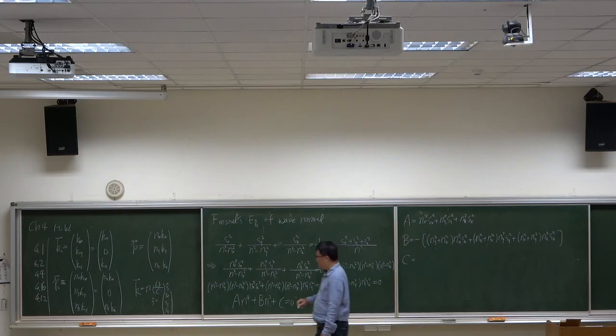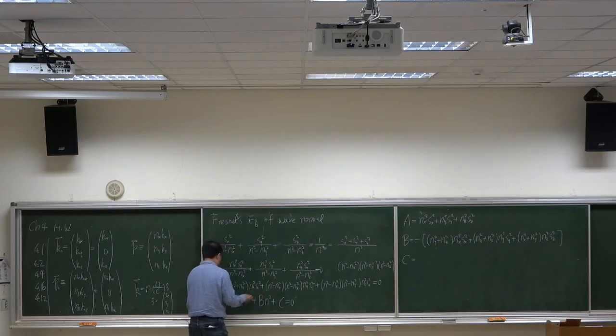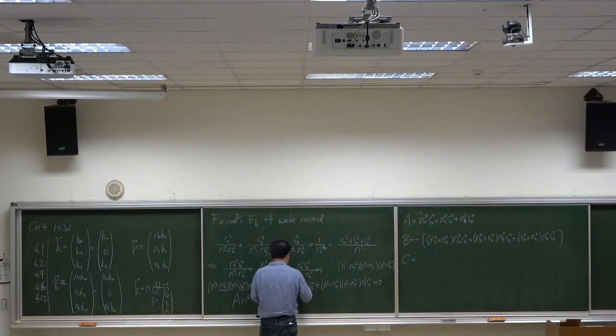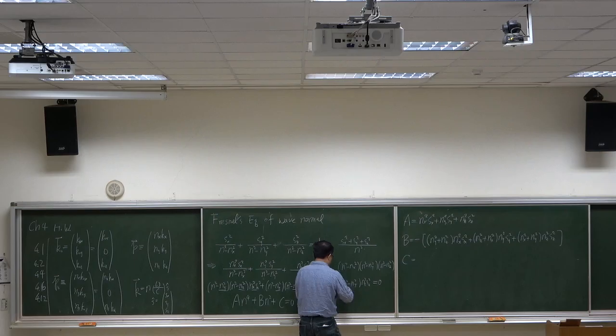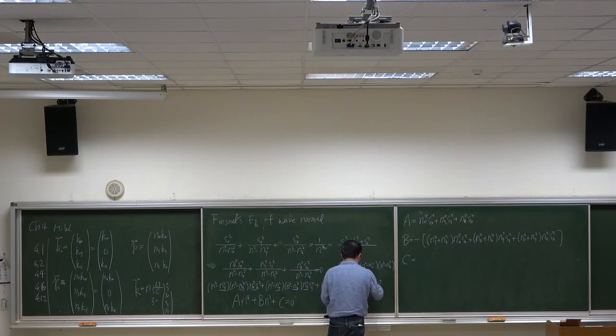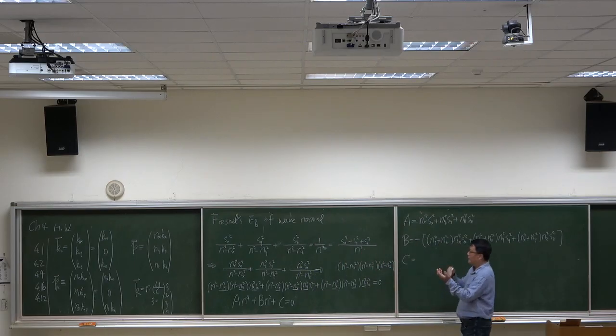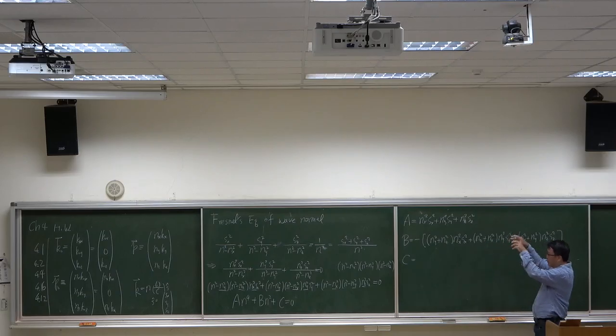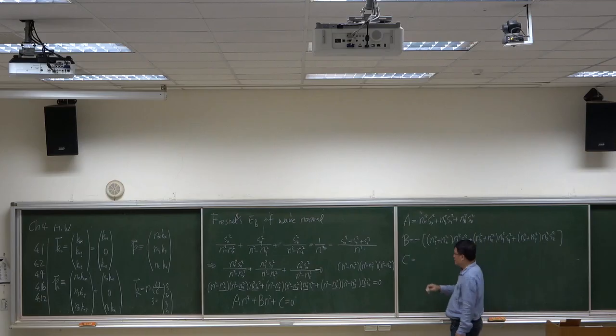And what is coefficient c? C is just the constant term. So we have nx squared, ny squared, nz squared times sx squared, plus nx squared, ny squared, nz squared times sy squared, plus nx squared, ny squared, nz squared times sz squared. And the summation of the three s squared components is equal to 1. So c is just nx squared, ny squared, nz squared. Okay.